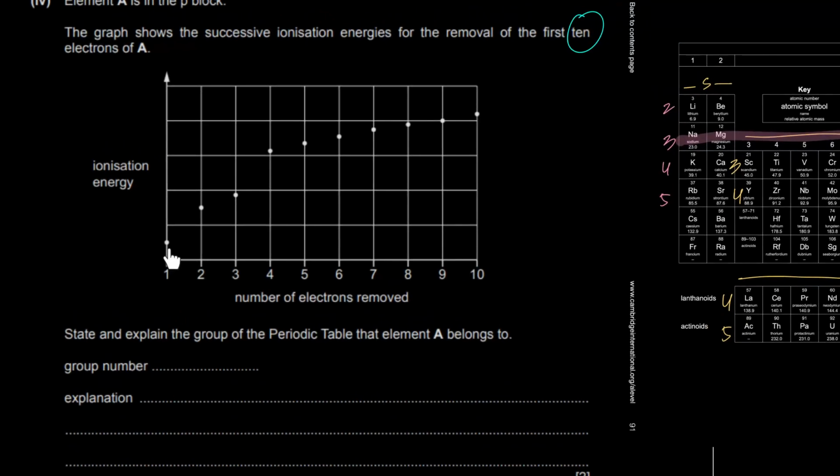Successive ionization energies always increase. Why? Because it's a more positively charged ion, with fewer electrons for the same number of protons, and therefore stronger attraction for the outermost electron. And it's a smaller ion, so again stronger attraction. But when there's a large jump, you know the principal quantum number has changed.